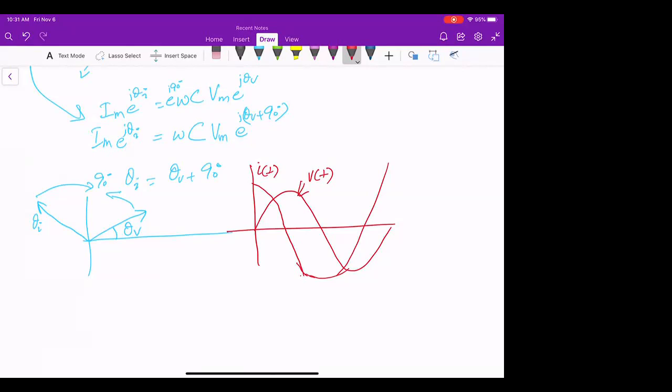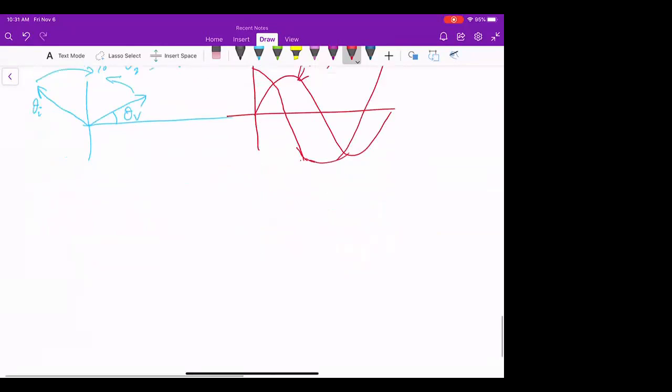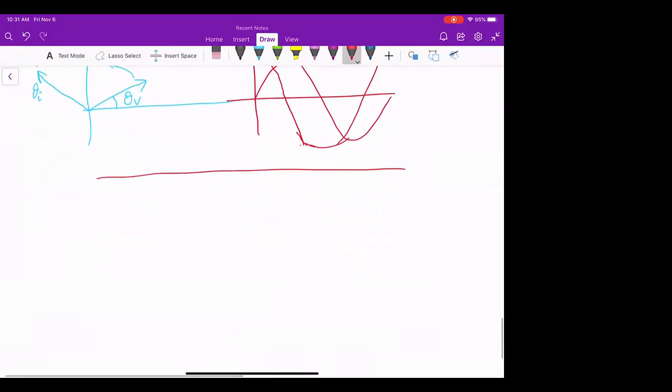So let's try to solve an example regarding that. The example says that voltage V of t is 100 cos(314t plus 15 degrees), and the capacitor is 100 microfarad.